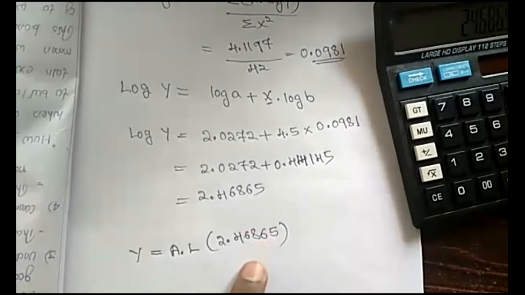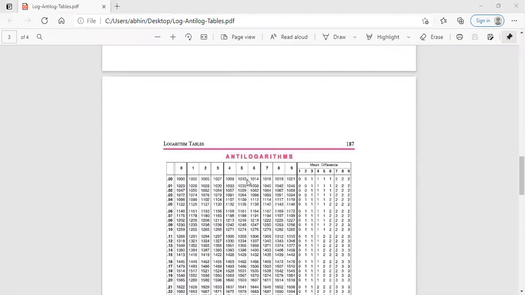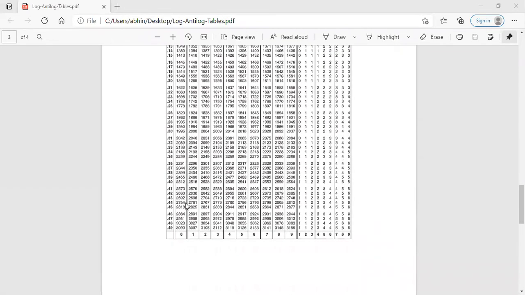Now check out the antilog for this value. Go to logbook, check out the antilog column. The antilog of 2.46865. After the decimal, that is 46th row and eighth column, the value is 2938.